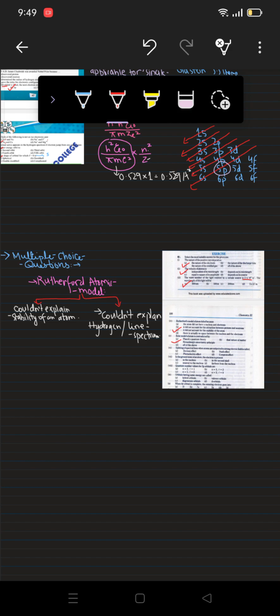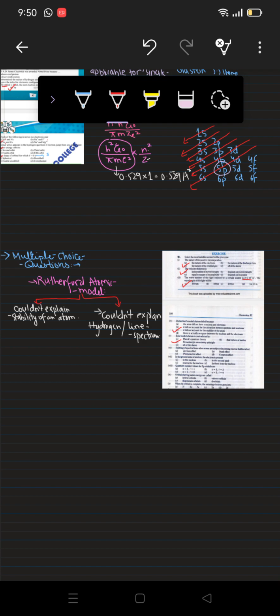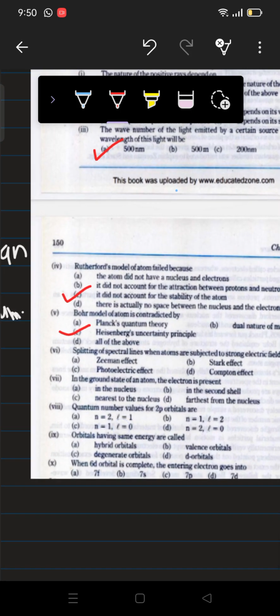But Niels Bohr did that. Niels Bohr found the position and the velocity of an electron at a time, but it could not be found. So Bohr model was contradicted by Heisenberg's uncertainty principle.